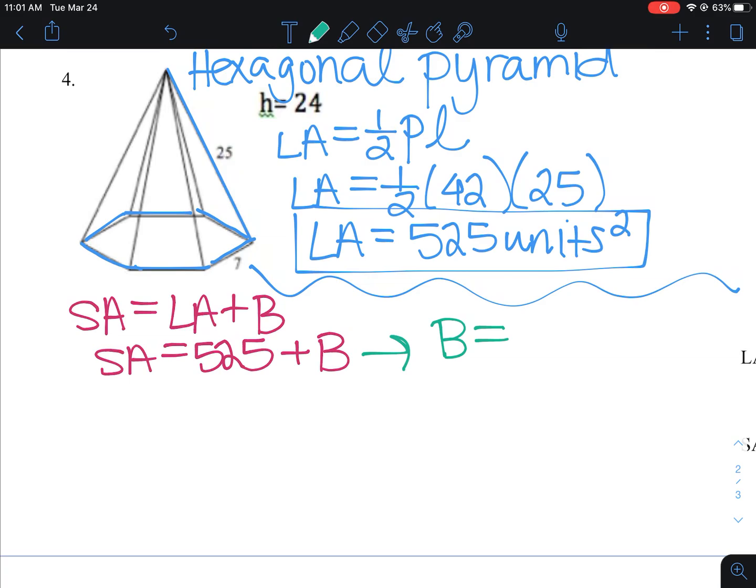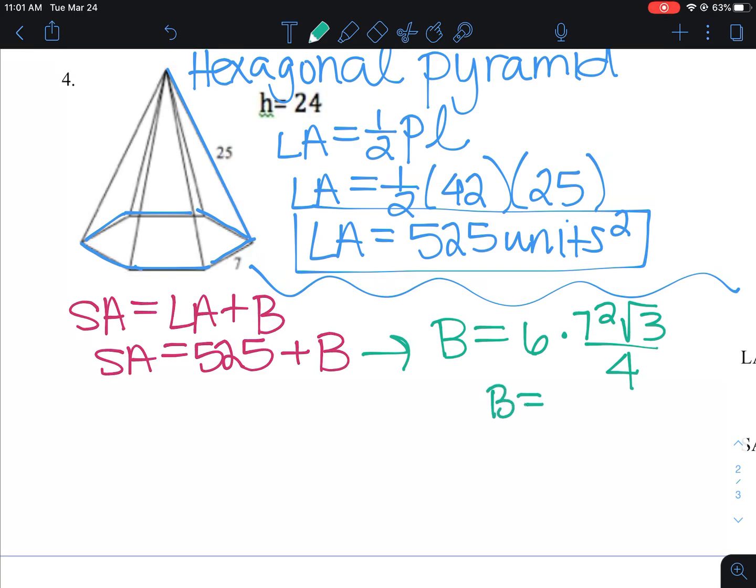Again, if not, look back in your notes, look back in that chapter 9 folder on Schoology, look on Google, do something. The area of a hexagon is 6 times the side squared, square root 3 over 4. The only thing that changes in that formula is what S is, and this time our side length is 7. So that's why I put 7 squared.